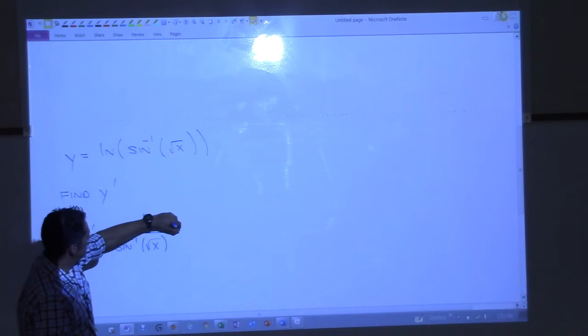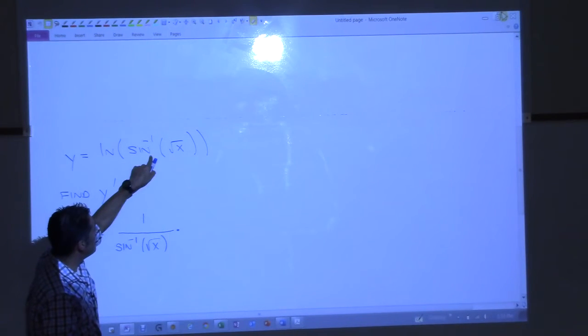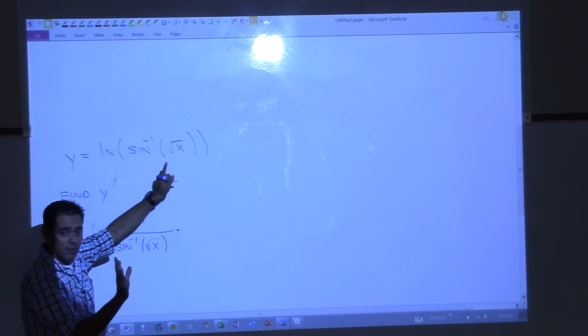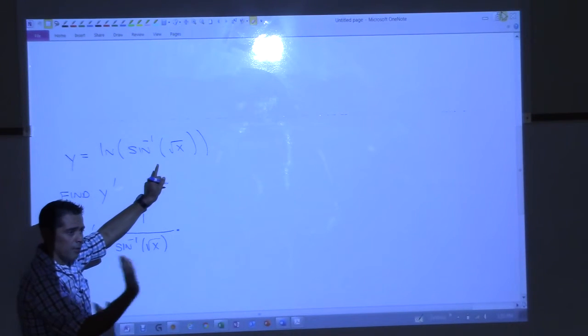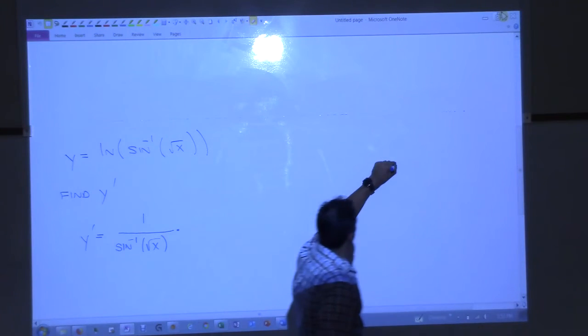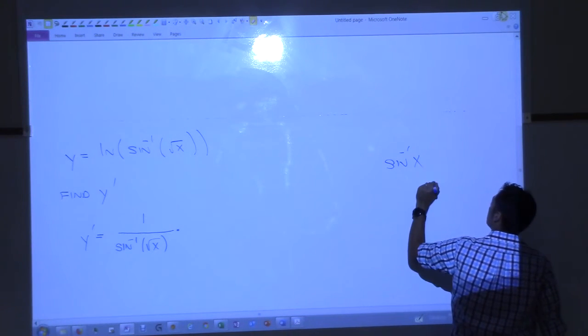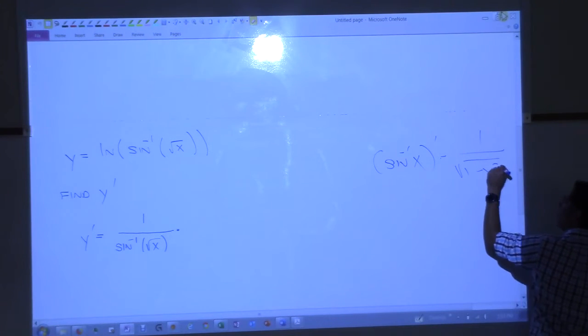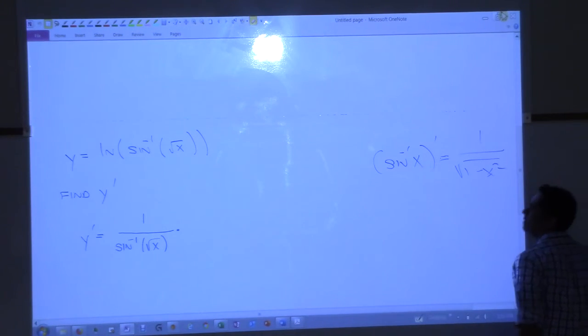Times. Now we take derivative of arc sine of this. This is the first time we take the derivative of arc sine of anything. The formula says the derivative of this is equal to 1 over square root of 1 minus x squared. Could I have gotten any sloppier with that?